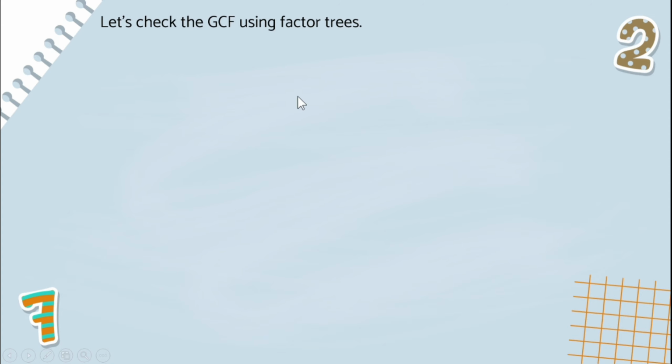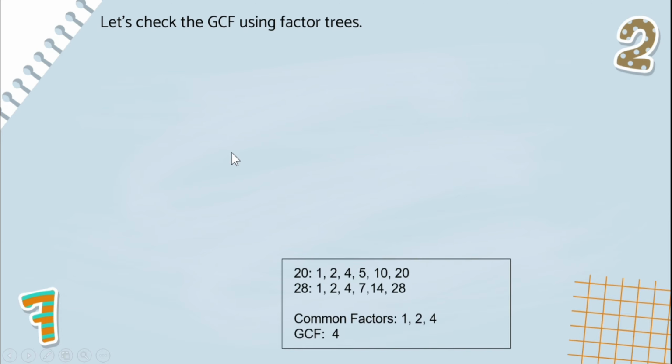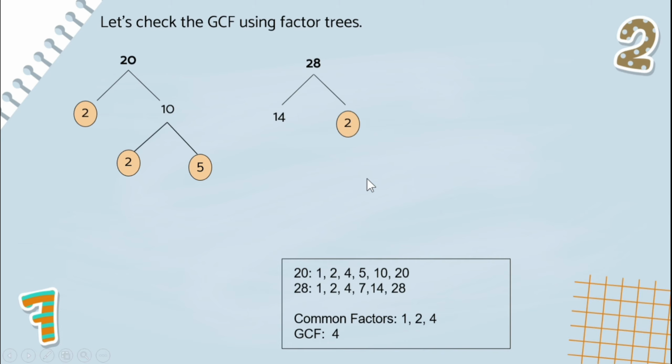Let's check another question. We have 20 and 28, and we already listed all of the factors and found the GCF. And now we are going to check the answer using factor trees. This is the factor tree of 28 and 20.